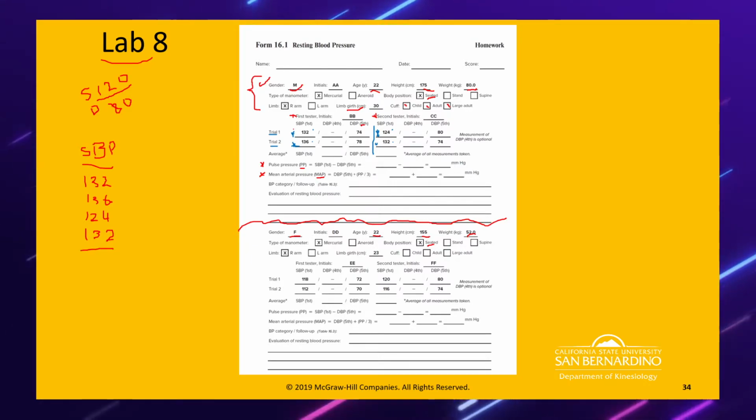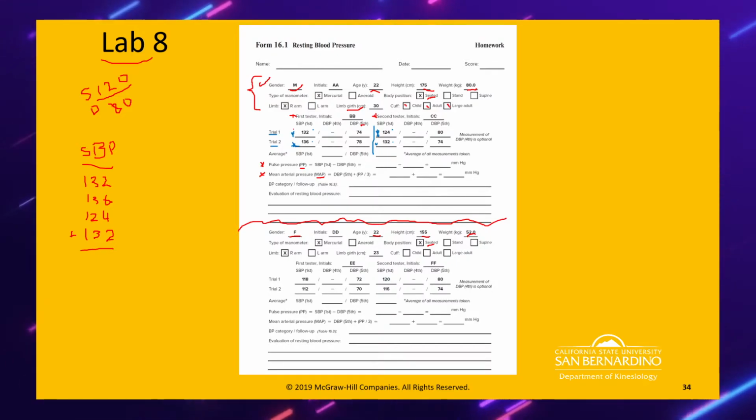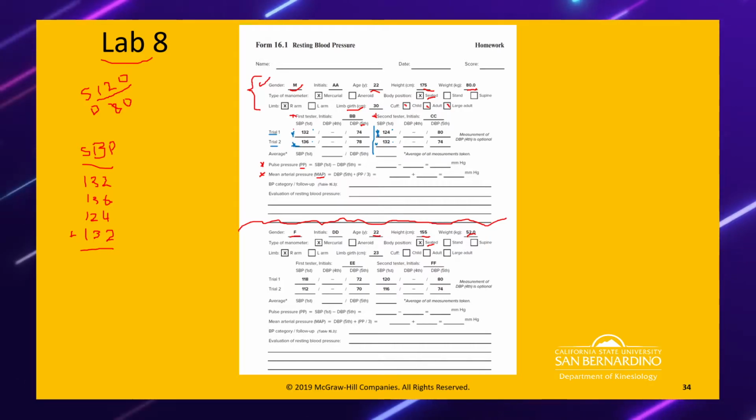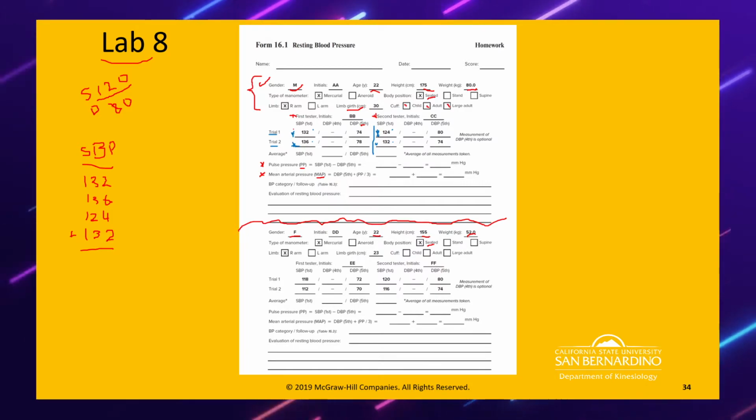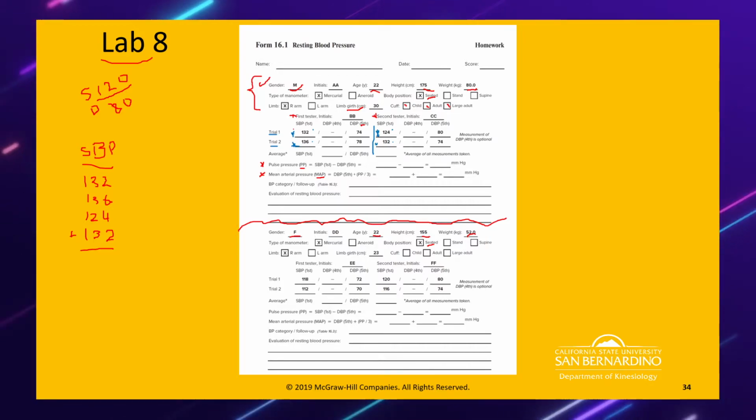So we want to add those up, and that will give us our systolic blood pressure, and then the number that we need to divide by is how many numbers we have: 1, 2, 3, 4. So we're going to divide it by 4.